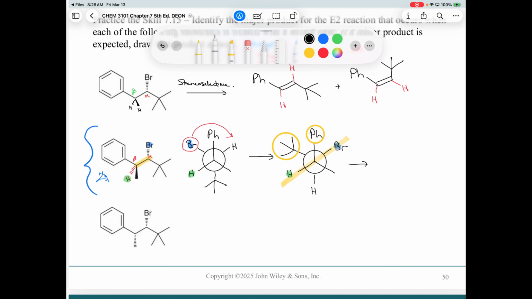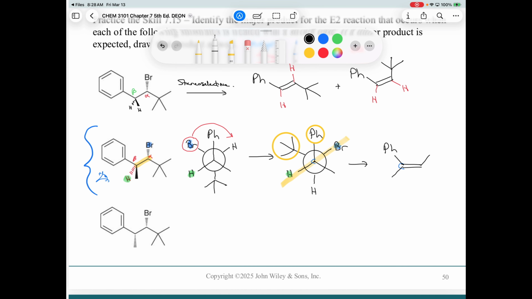So let's just start by putting a double bond like this. The carbon in front, normally I wouldn't do this, but I'll put a little blue C on it there. It's got a phenyl on it, and it's got a methyl on it. And we notice that the tert-butyl is going to be on the same side as the phenyl. You with me on that?